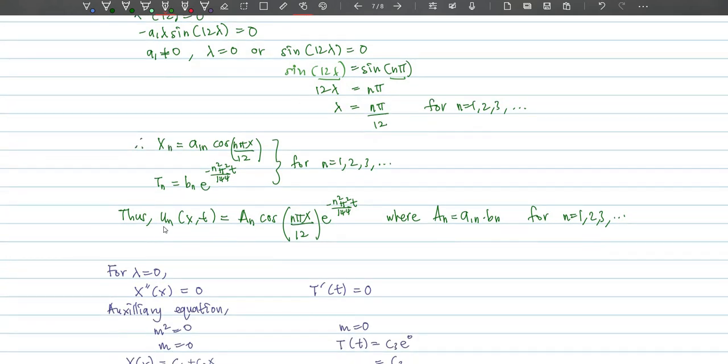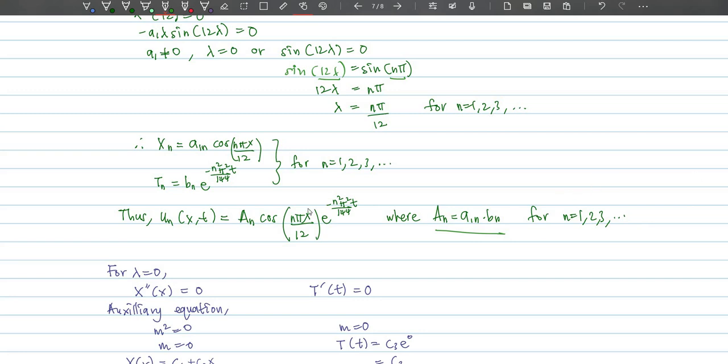And therefore here we have u(x,t) is equal to A_n cos(n pi x over 12) times exponent negative n squared pi squared t over 144. You need to define here what is your A_n, where A_n equal to A1n multiply with B_n, for n equal to 1, 2, 3 until infinity.